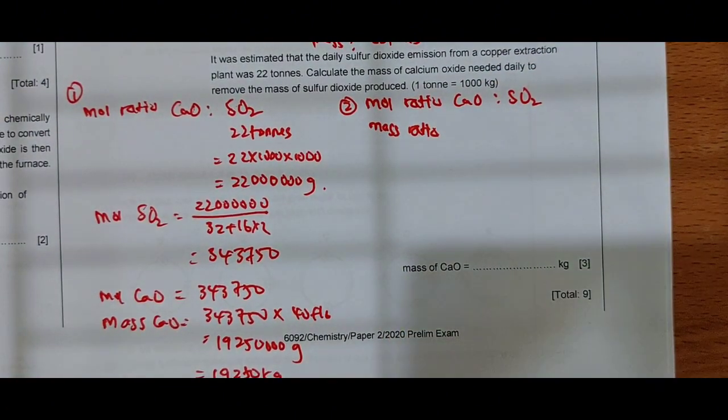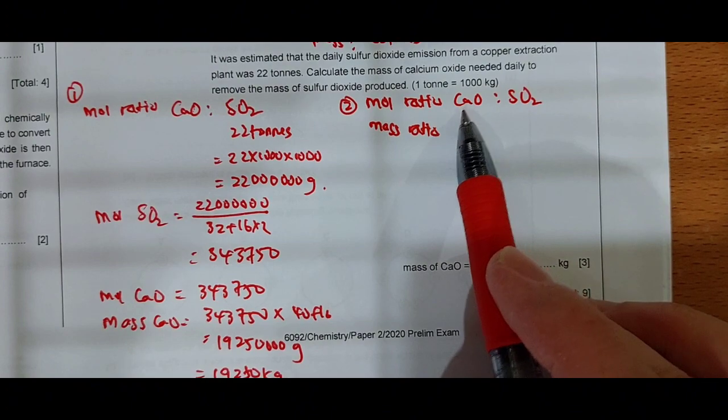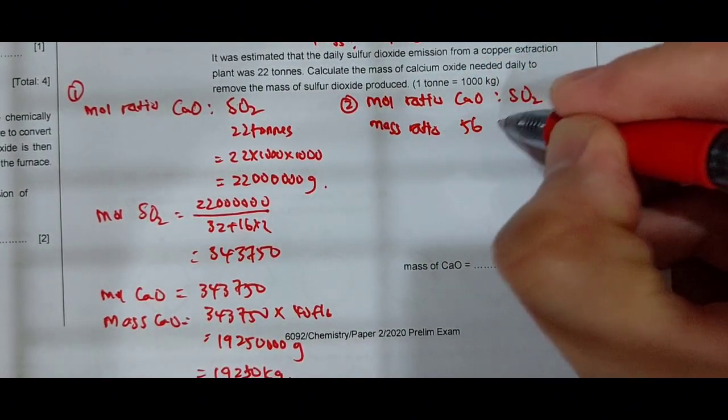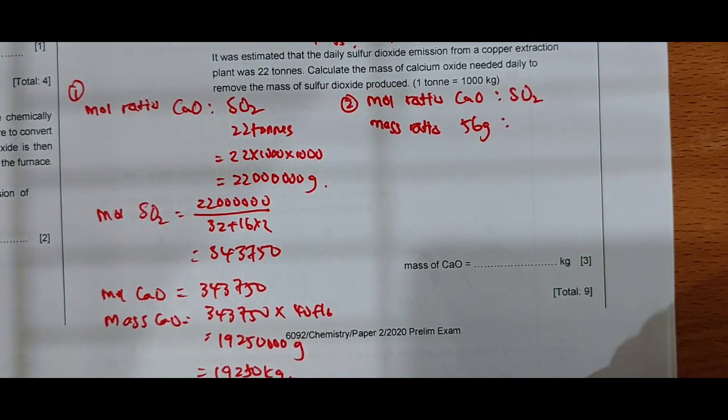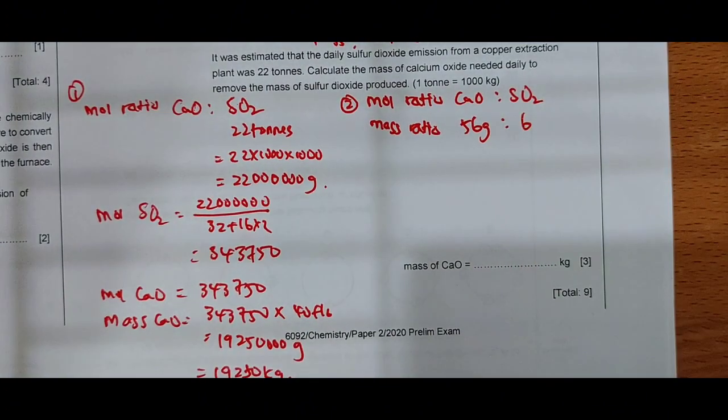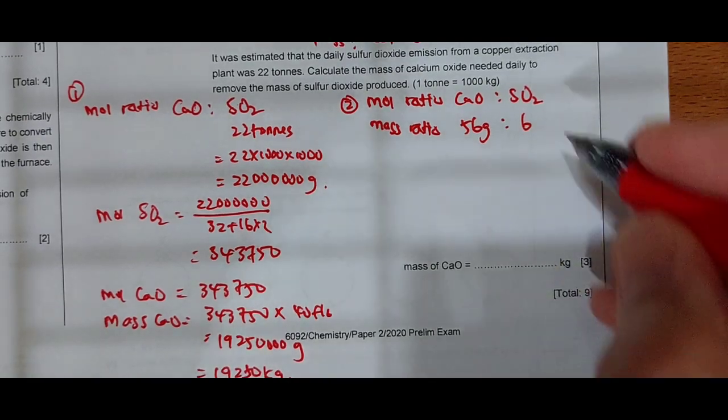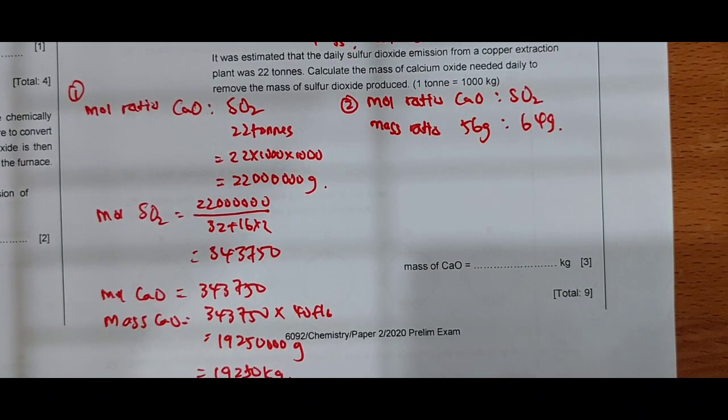The mass of 1 mole of calcium oxide is simply the number of mole, which is 1, times the MR of calcium oxide. And the MR for calcium oxide is 40 plus 16, that will be 56. The mass ratio is 56 gram. And this one will be 32 plus 32, that will be 64 grams. Okay, 64 gram, that's the mass ratio.